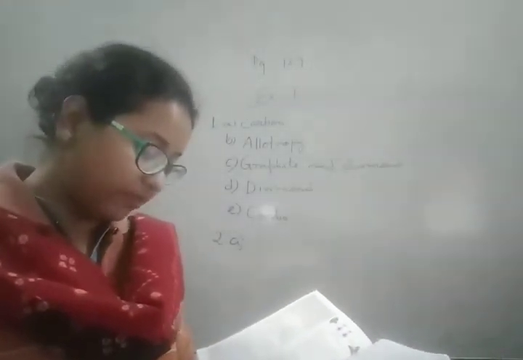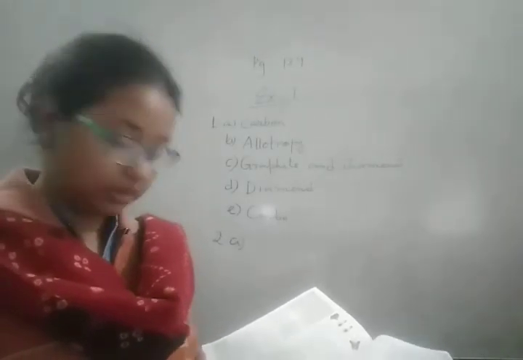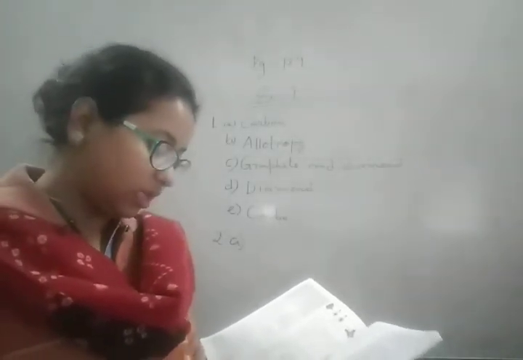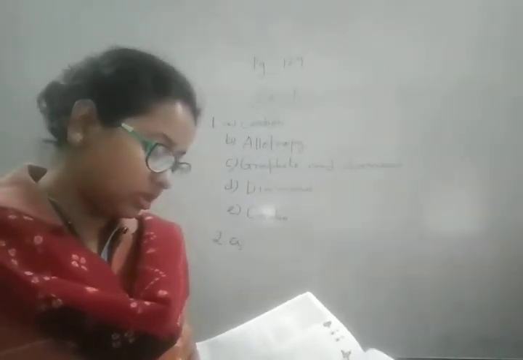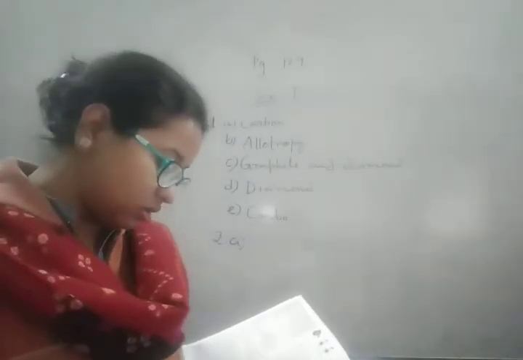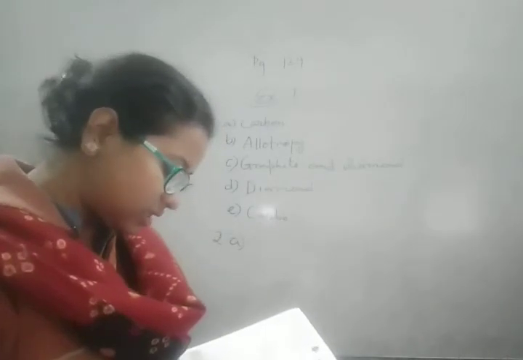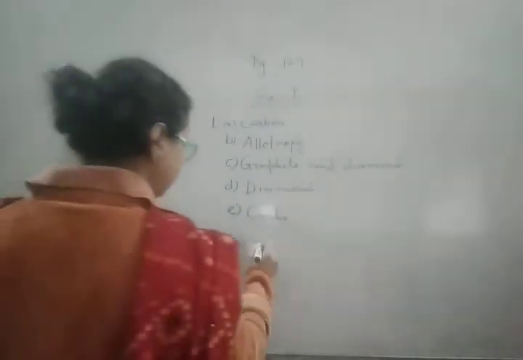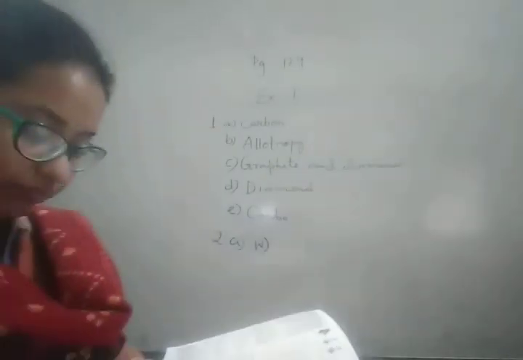Coal, diamond and graphite are carbon in elemental form. In combined state, we have carbon in petroleum. So this will be 4, the fourth option will be the correct one.